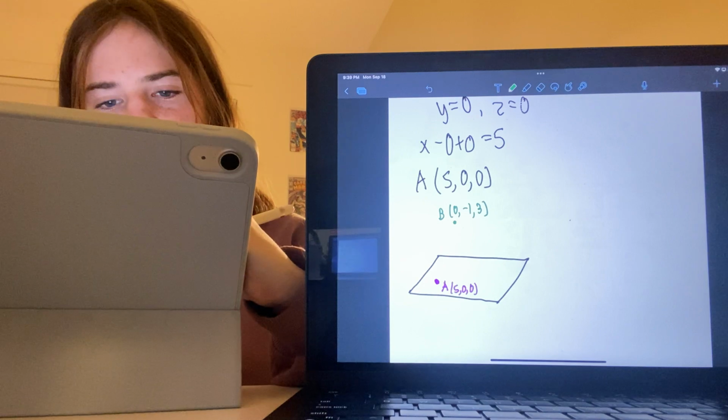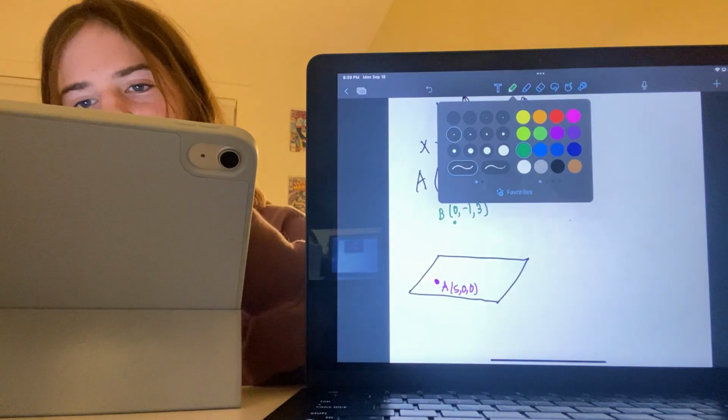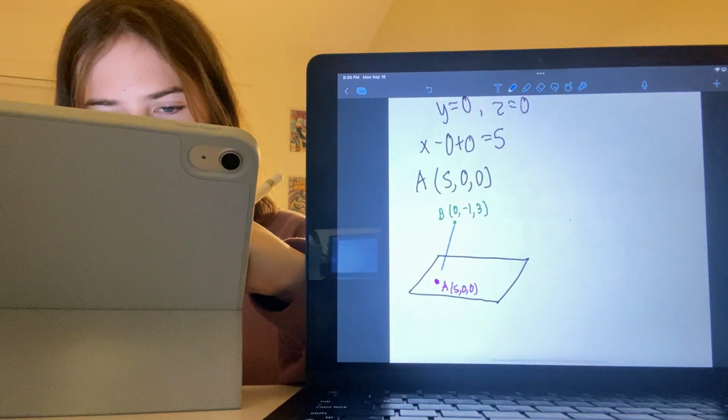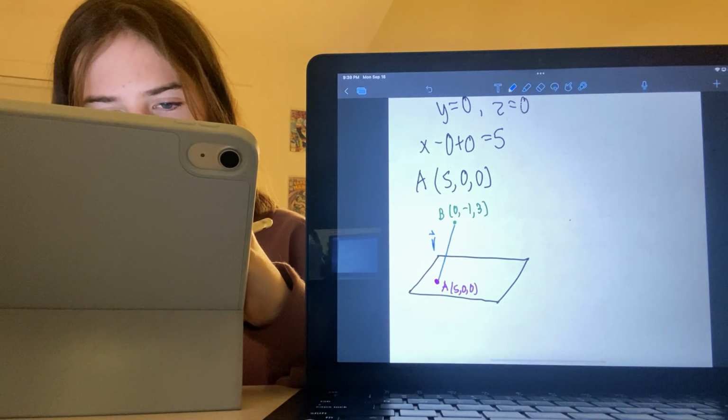And there's going to be a vector that connects them. This vector right now is unknown, but we're going to call it vector v.